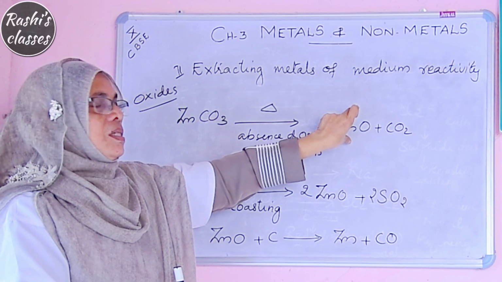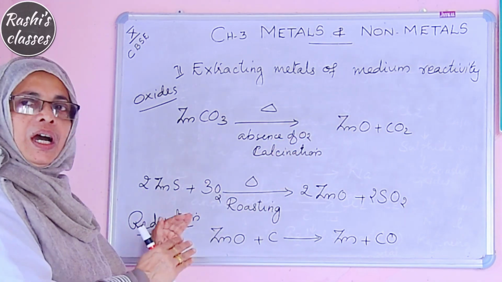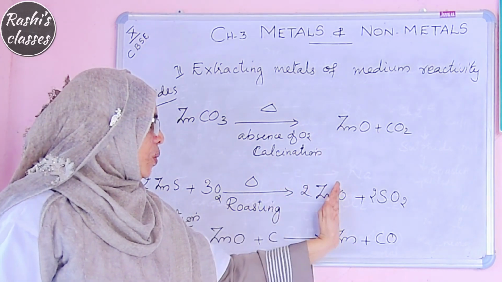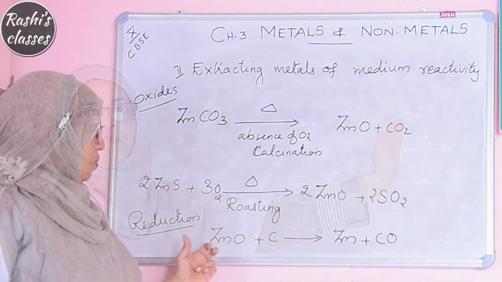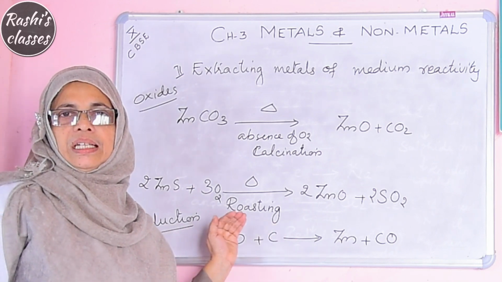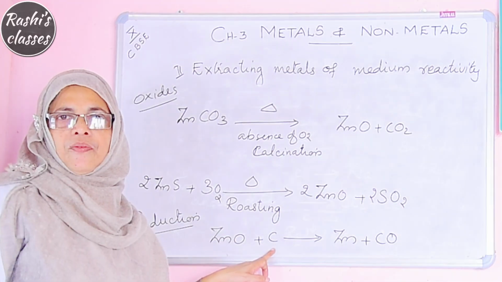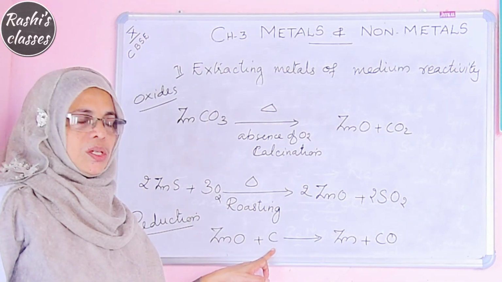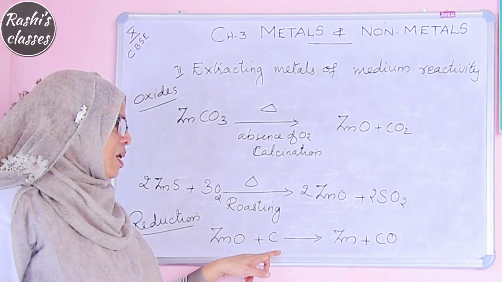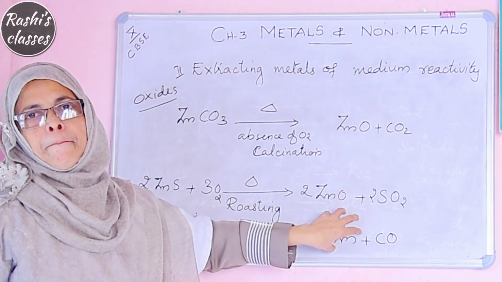We are getting zinc oxide in both cases, oxide form. Now we have to reduce it. We have to remove this oxygen. For reducing this moderately reactive metal, coke, this is a form of carbon, is used. So zinc oxide plus carbon gives zinc plus carbon monoxide, we get the metal.